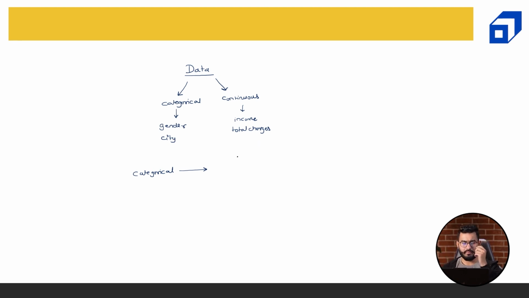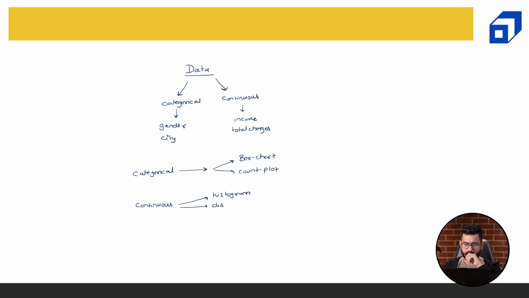So when we have categorical data, I essentially use two kinds of plot. One is the bar chart. The second one is the count plot. When we have continuous data, we have three kinds of plot. One is the histogram.